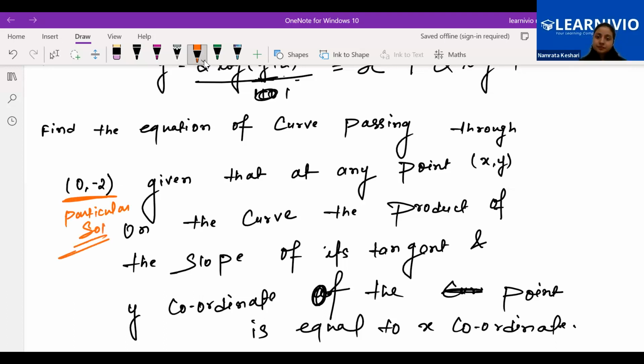Given that at any point xy on the curve, the product of slope of tangent.